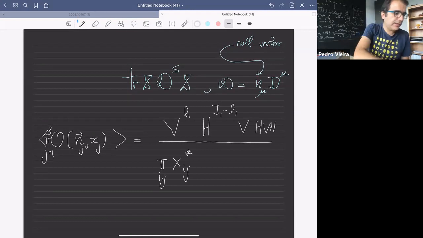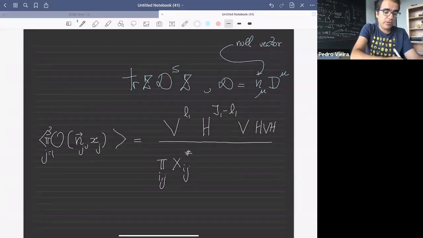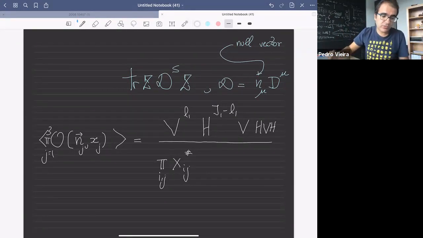Let me just schematically write one of them so that you get a feeling. But this is just the fact that when you have polarizations, you have more structures you can write.